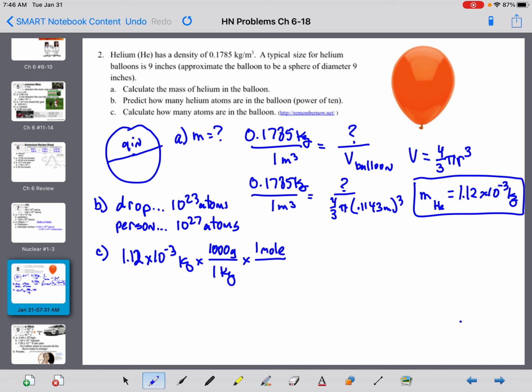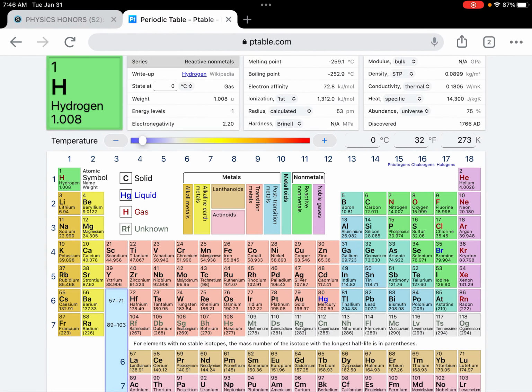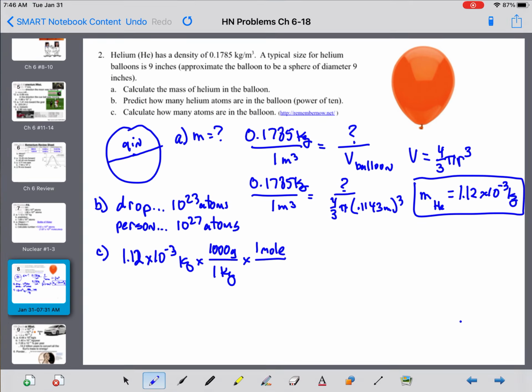So if we go to our periodic table, helium is element number 2. The atomic mass, 4.0026, which means 4.0026 grams are in 1 mole.